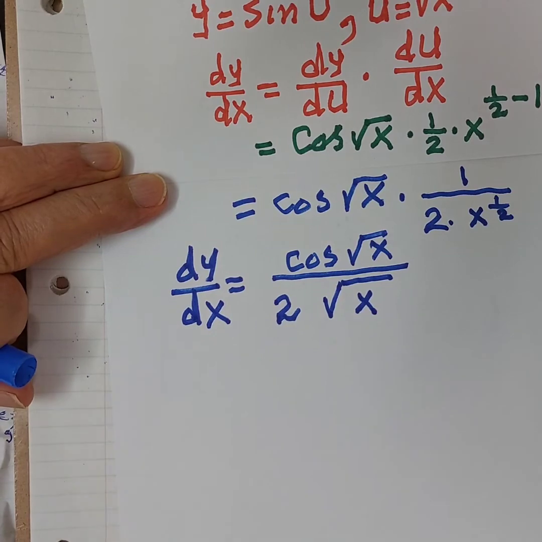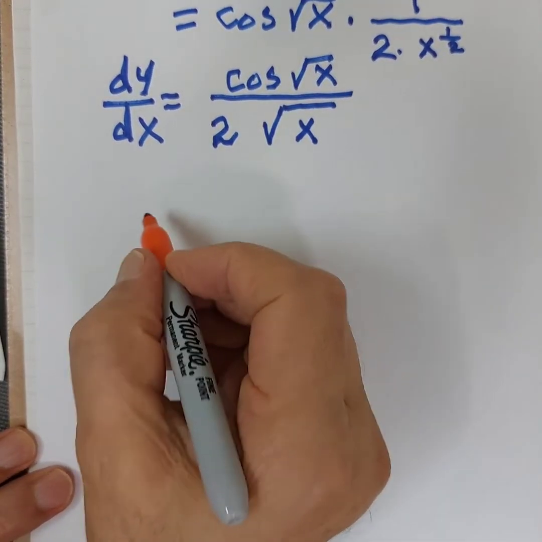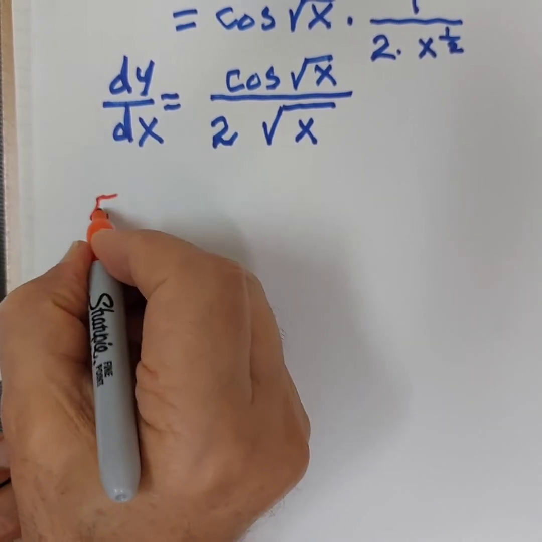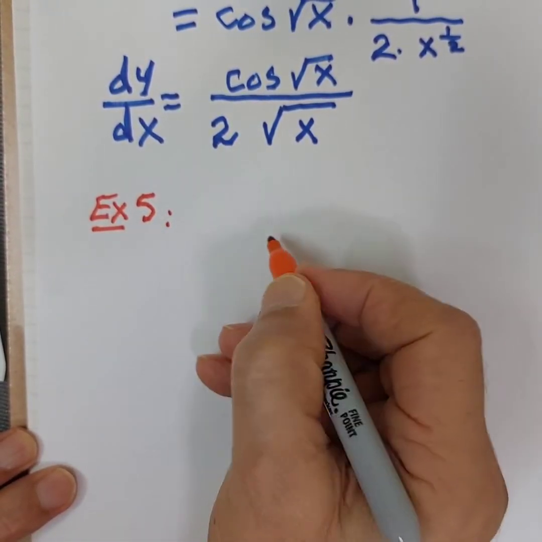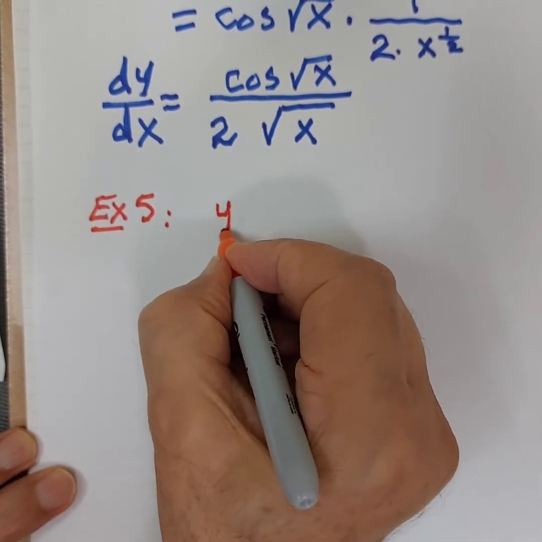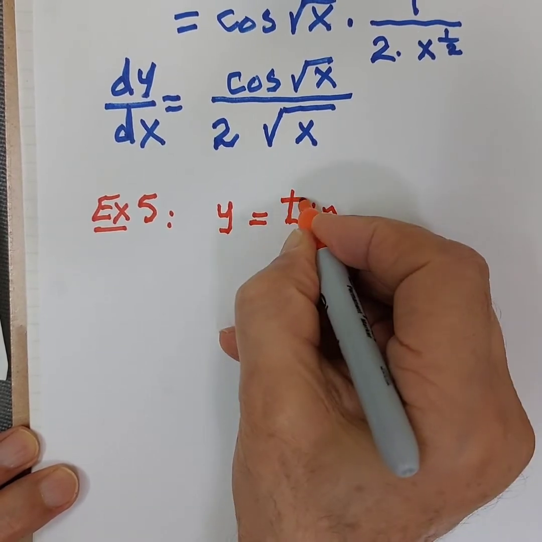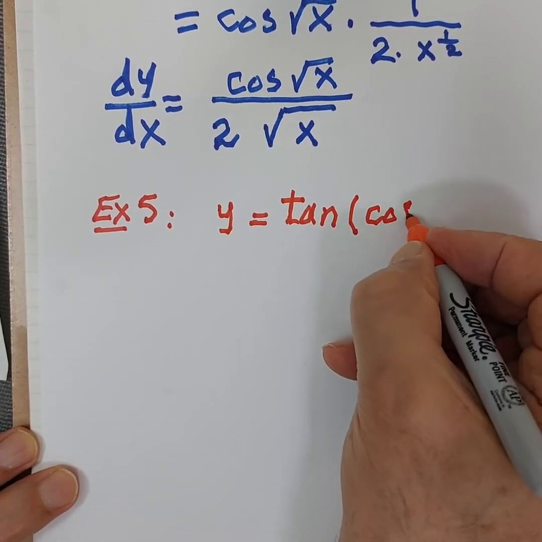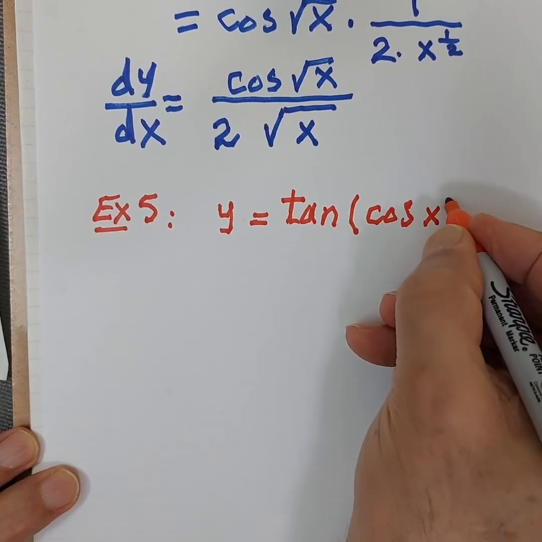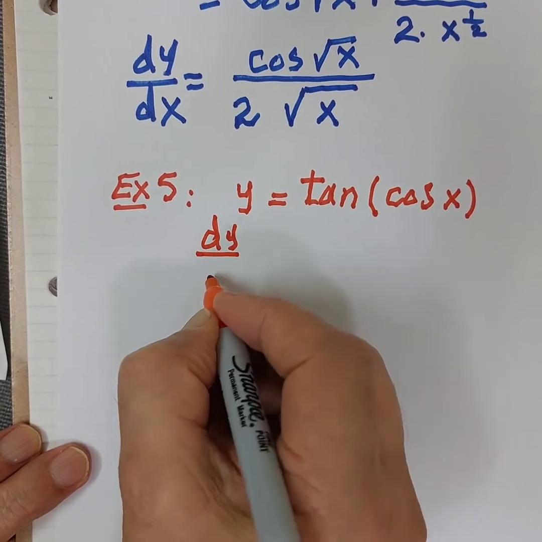Finally, I will give you the last question now. Let me say we have this example 5. We have y is equal tan of what? Tan of cosine x. So how can we find dy by dx?